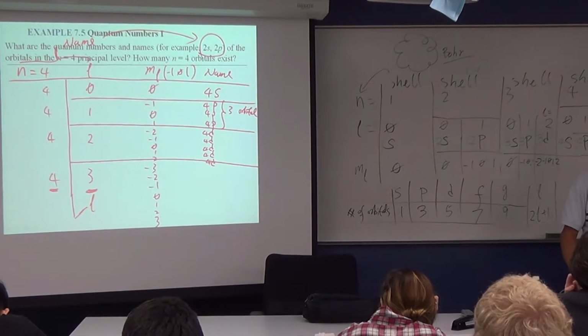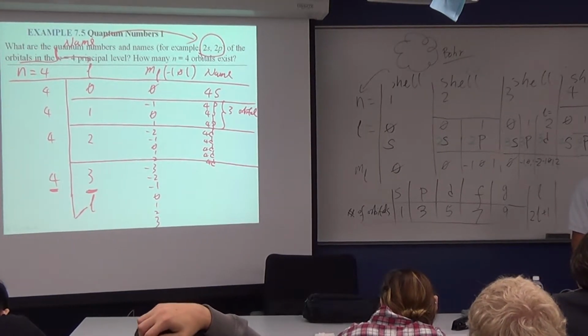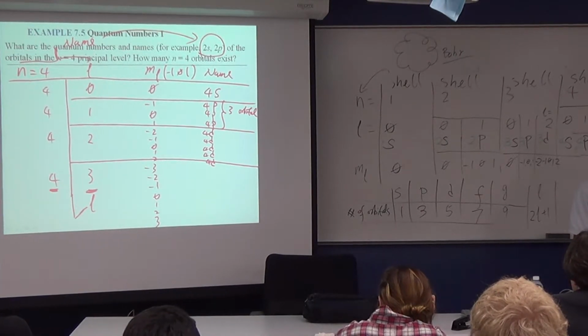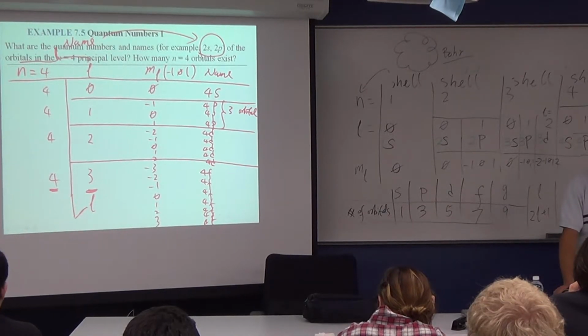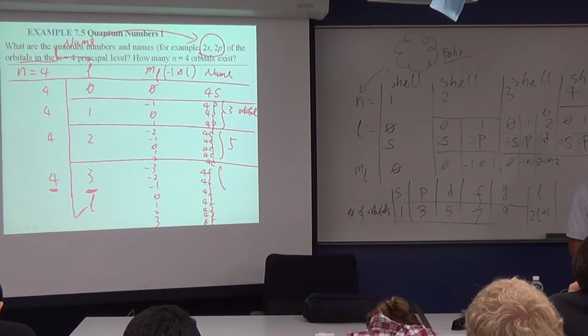Very good. Now you will give them a name. What are the names for them? Yeah, so they are all 4F. 4F, 4F, 4F, 4F, 4F, 4F. I think there's one more 4F, right? 7 of them. So here, 5, and here it's 7.